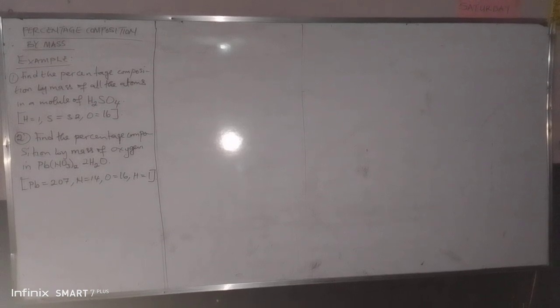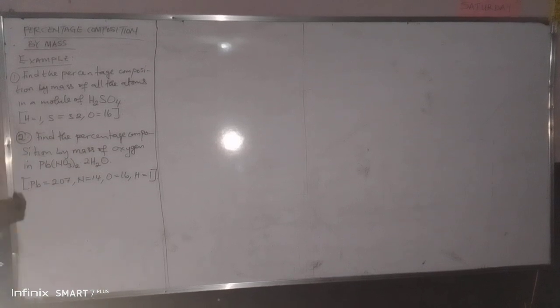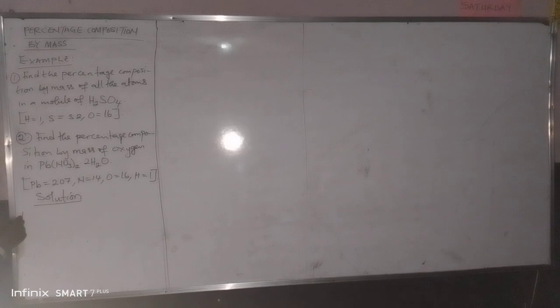What do you do to tackle it? Let's look at what to do here. Number 1, solution. The first one is that we should find the percentage composition by mass of all the atoms.